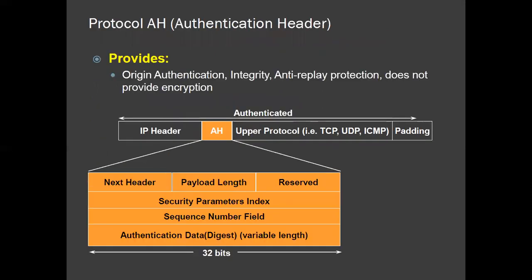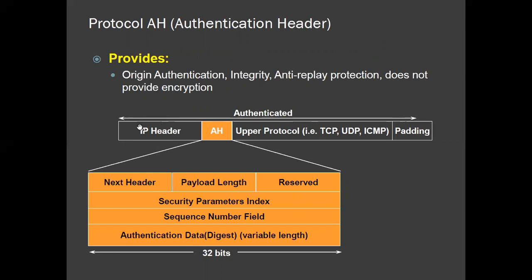So let us see how it works. The authentication header protocol uses the hash function and a symmetric key. It creates the message digest, and then the digest is inserted in the authentication header. The authentication header is then placed in the appropriate location based on which mode, transport mode or tunnel mode, is used.